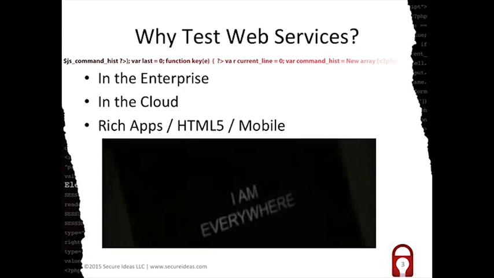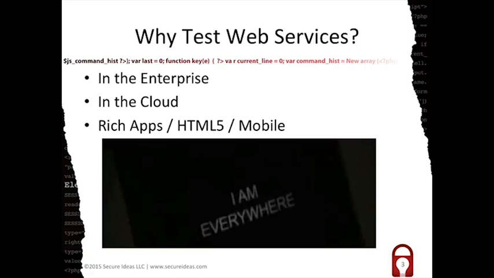Now we're finding in the enterprise, not everybody, but a lot of people, are using web services as a way to abstract a lot of their legacy systems. That's one area where we're finding a lot of web services, and even in new systems.